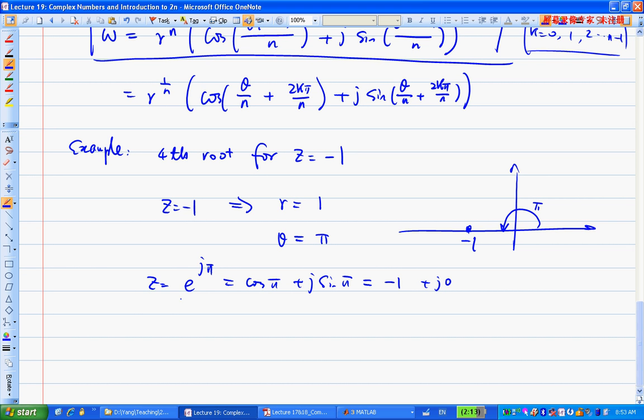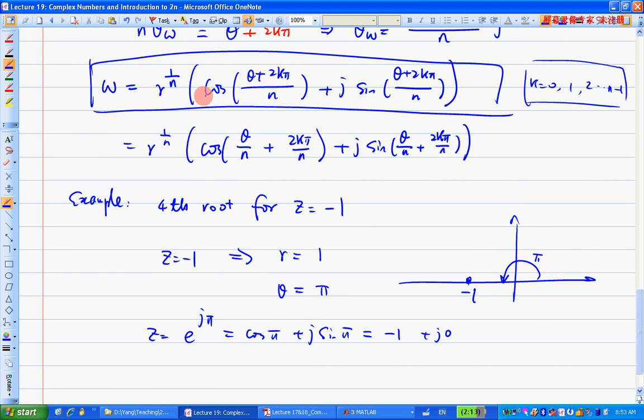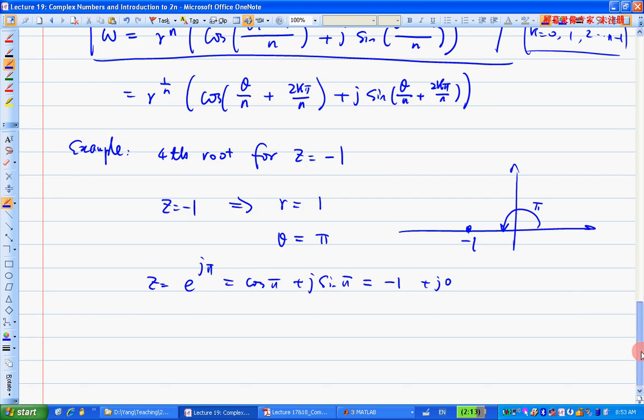Okay, so now I'm going to find my w here. I'm going to make use of my formula. So r to the power 1 over n, that's just 1 because r is 1. n here is 4, so r to the 1 over 4 is 1.